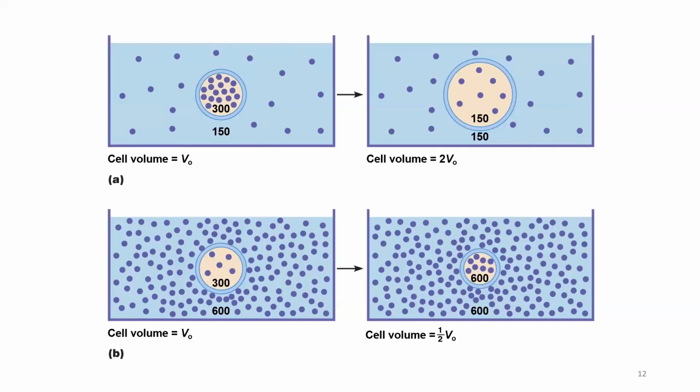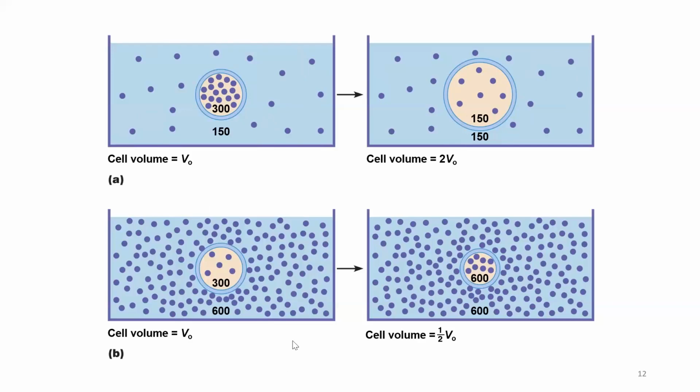That allows the water to move from the outside of the cell to the inside of the cell, and we can see that exhibited here as the cell begins to swell. So water moves according to its gradient, high to low, or against the solute gradient, low to high.